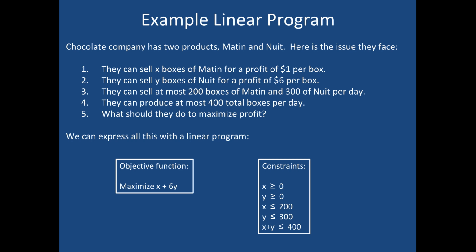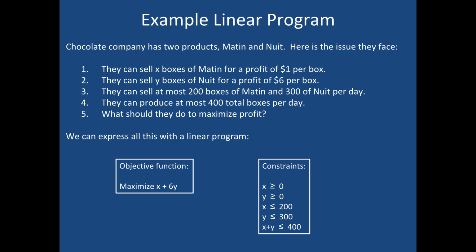But imagine if you have hundreds of variables, not just x and y, and thousands of constraints. That's an industrial scale linear program. This is how you express it as a linear program. You take your variables and you write linear constraints. By linear, I mean you can add the variables and multiply them by scalars, but you can't square them or take square roots or anything.